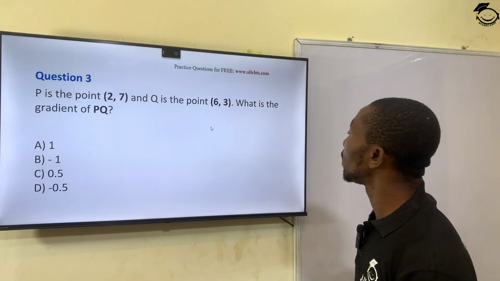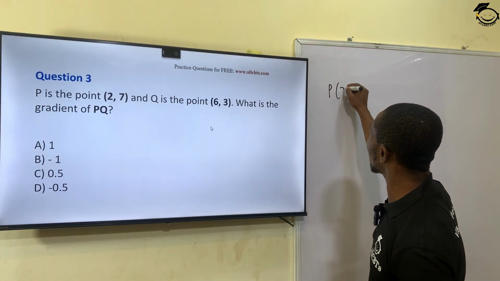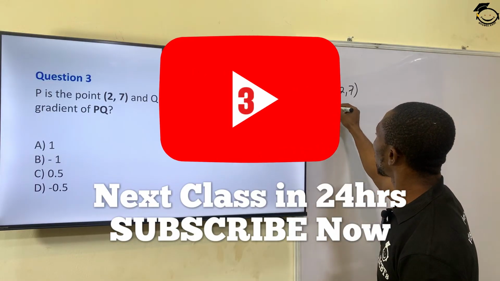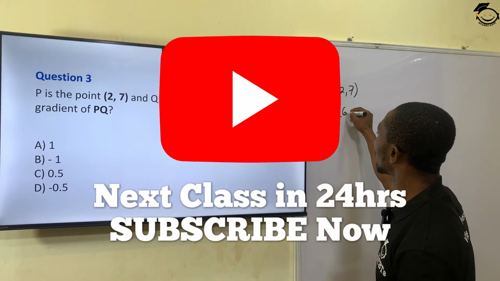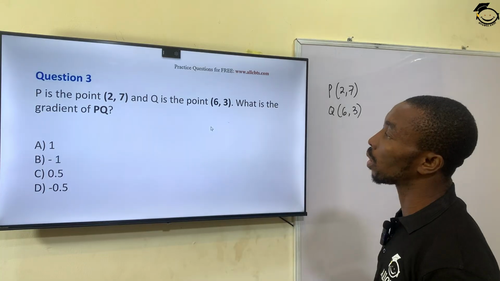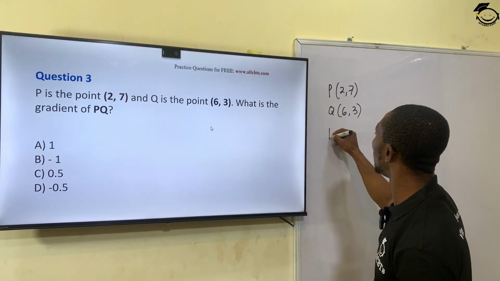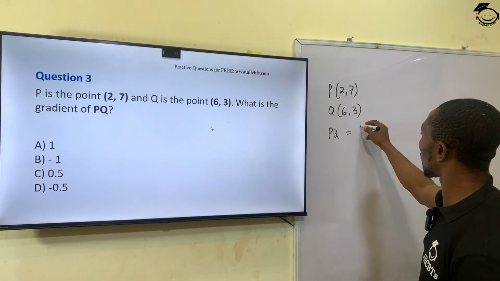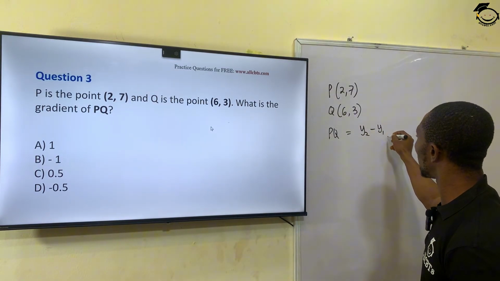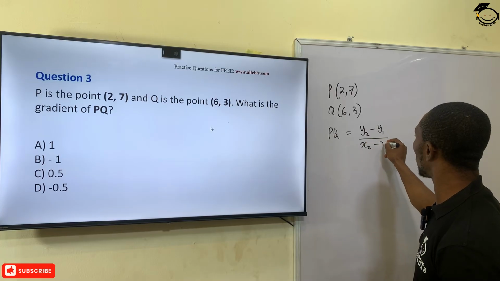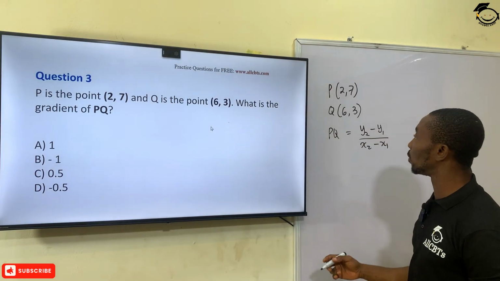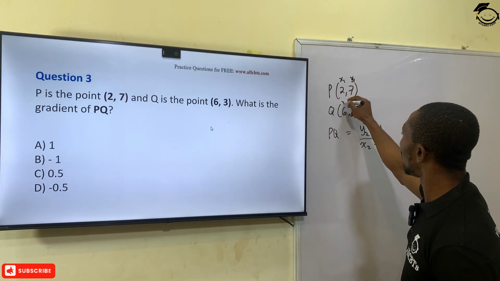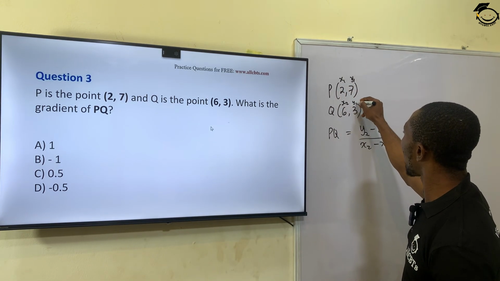For point P, we have the coordinates 2 and 7. And for Q, we have the coordinates 6 and 3. Now it says, what is the gradient of PQ? To find the gradient of PQ, we'll use the formula y2 minus y1 all over x2 minus x1, where we have x1, y1, x2, y2.